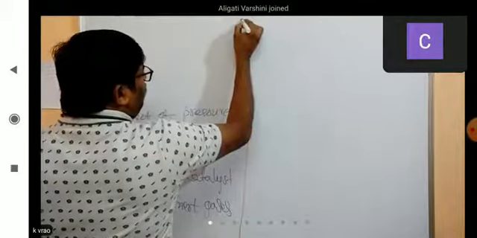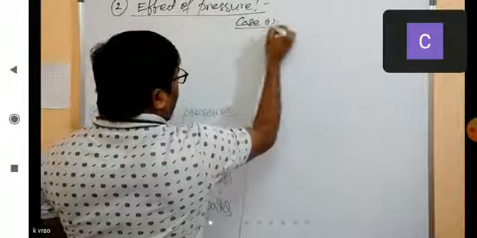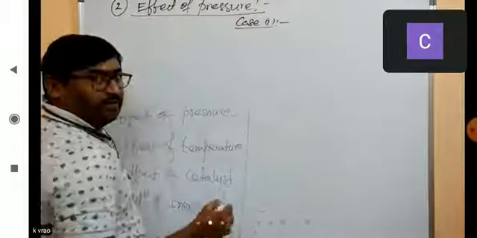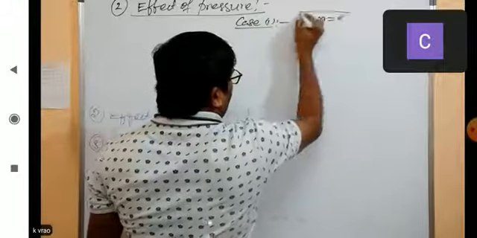Here we take three cases. Case number one: delta n is equal to 0.